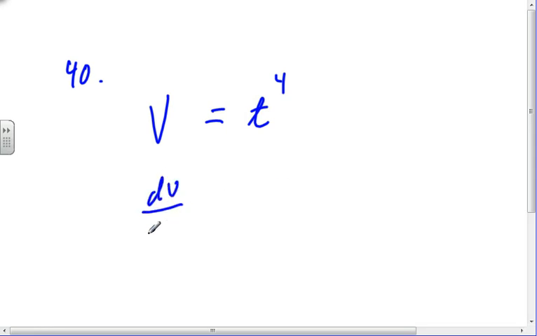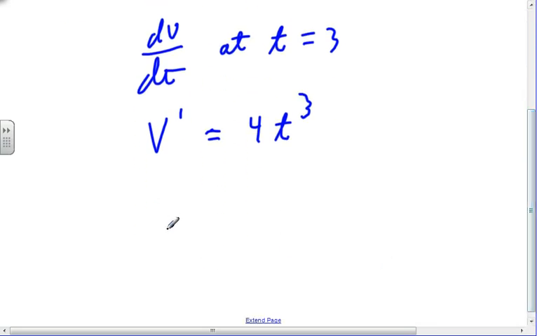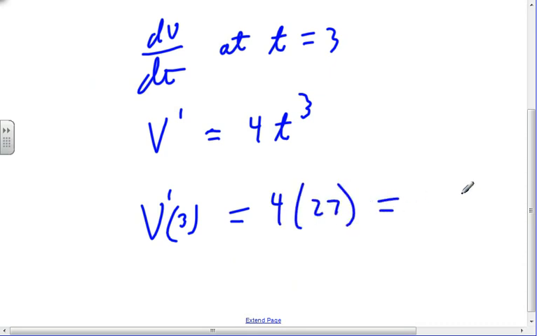Find dV/dt when t is 3. Okay, so v prime is equal to 4t cubed. The v prime at 3 is 4 times 27, which is 108. All right. Well, that was okay.